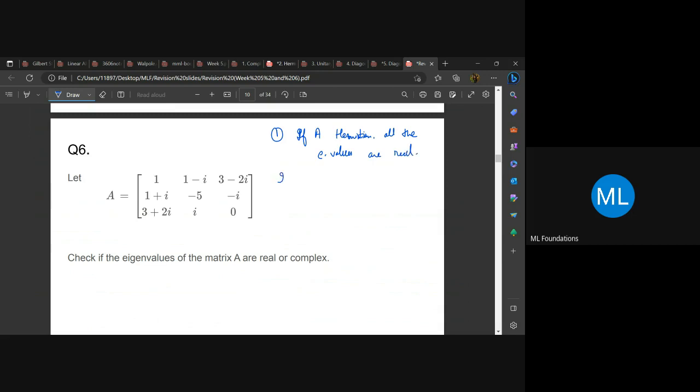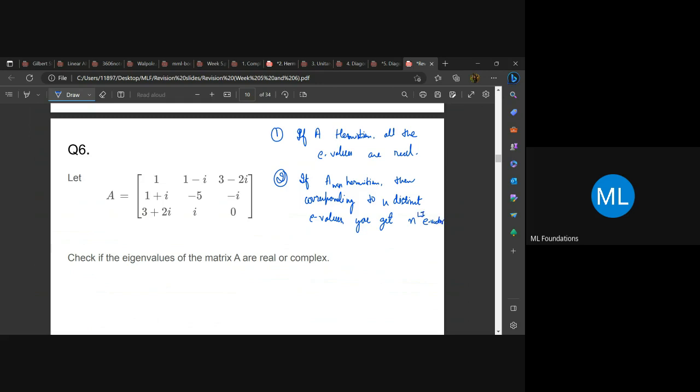The second point is, if A is Hermitian, then corresponding to n distinct eigenvalues, you get n eigenvectors, and they will be linearly independent.